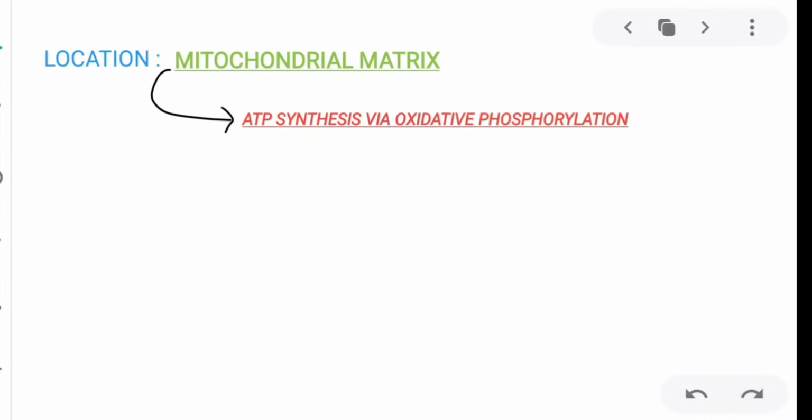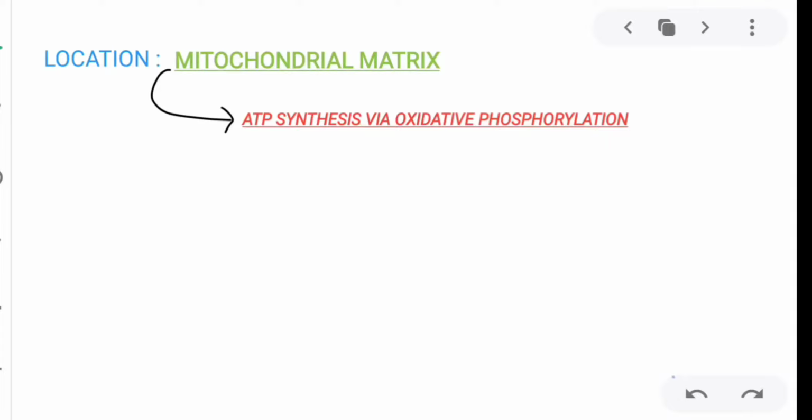The site where the Krebs cycle occurs is the mitochondrial matrix, and the ATP synthesis is by the oxidative phosphorylation reactions that occur in the mitochondrial matrix.